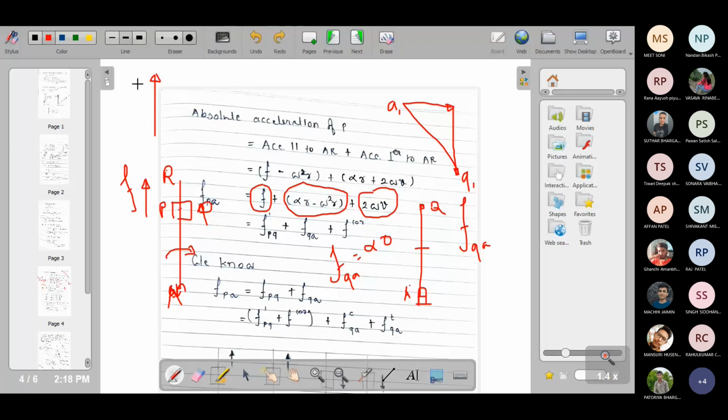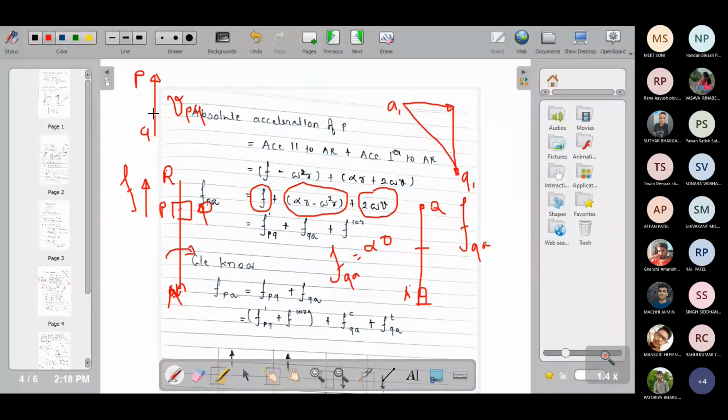This vector is the instantaneous velocity at the particular instant when time becomes 0. At that instant, point P is moving in the upward direction with respect to point Q.